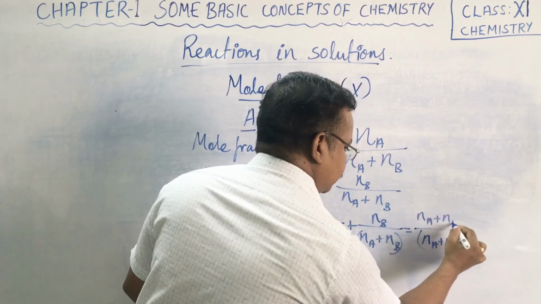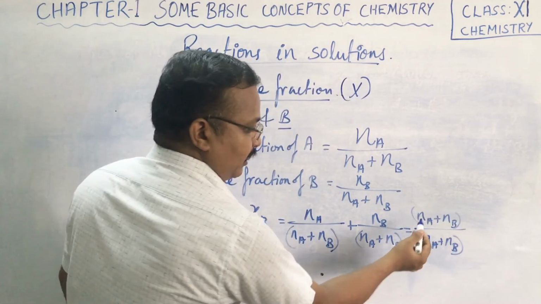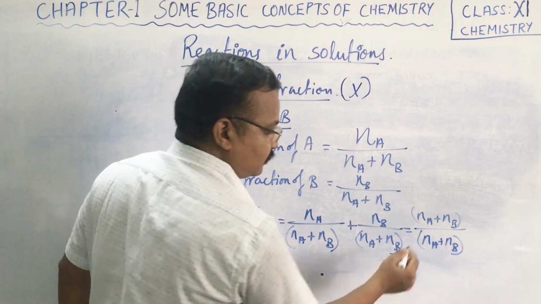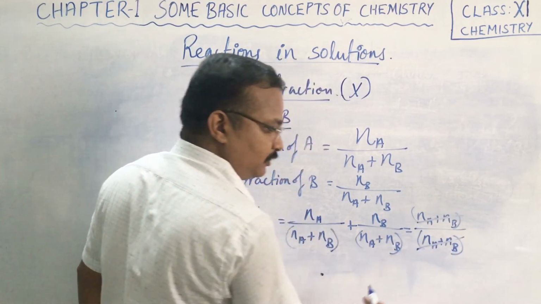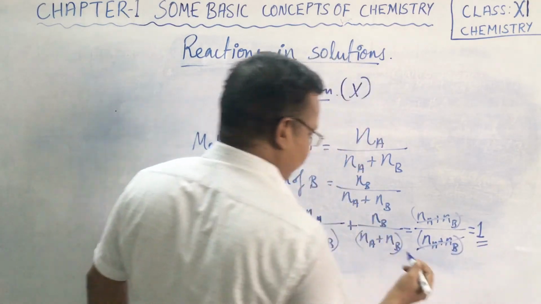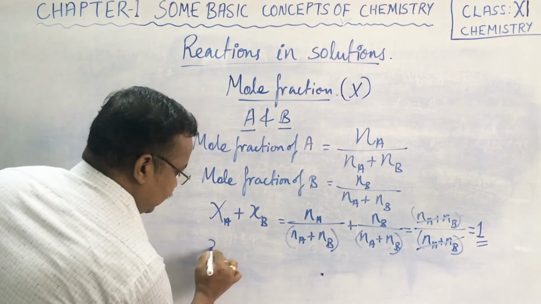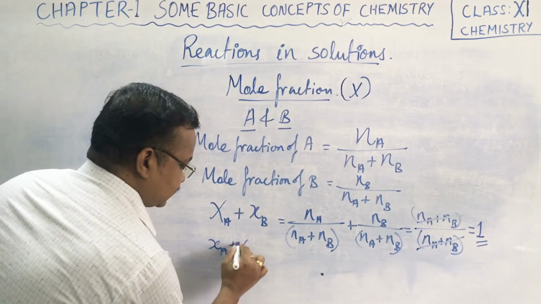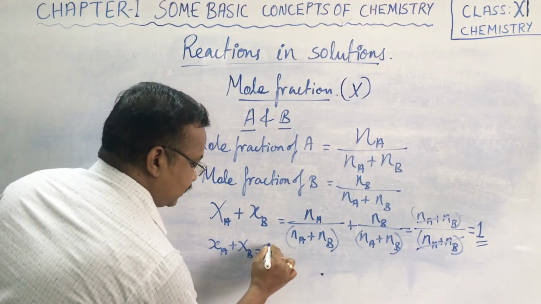Top and bottom are the same thing, so they cancel out. So what do we get? That is equal to 1. What we infer from this is that XA plus XB is always equal to 1.